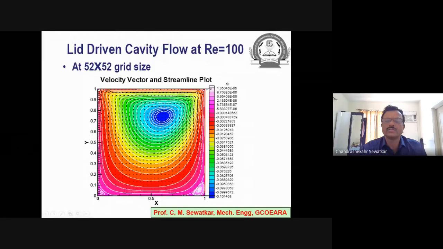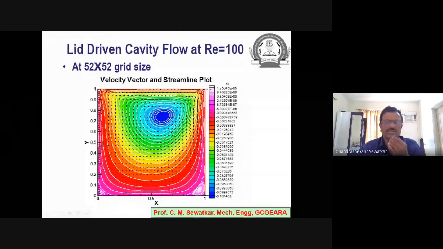You can now see that since my top boundary is continuously moving with some velocity u, the entire fluid starts moving inside the cavity, and we have two vortices generated at the bottom. One is at the right bottom and another is at the left bottom.